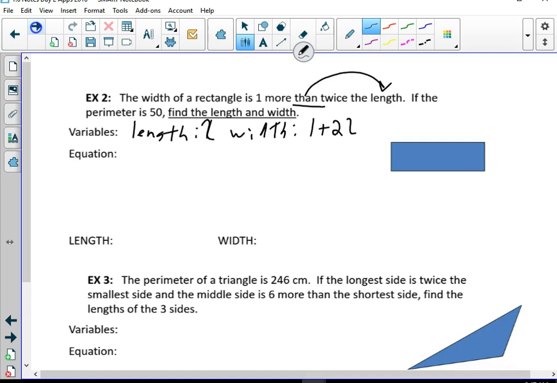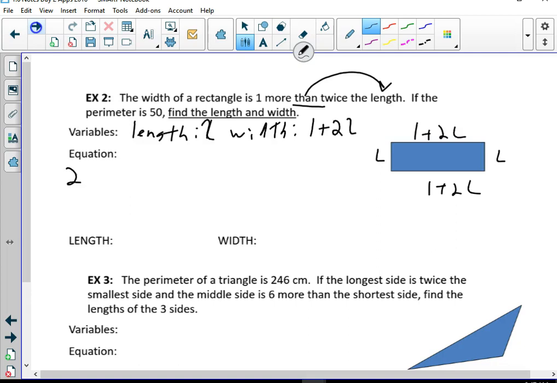Now, like I said, pictures make this easier. Okay, so length, width. All right? Label it. Now, what's my equation?